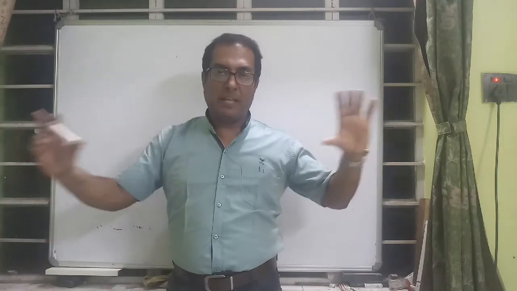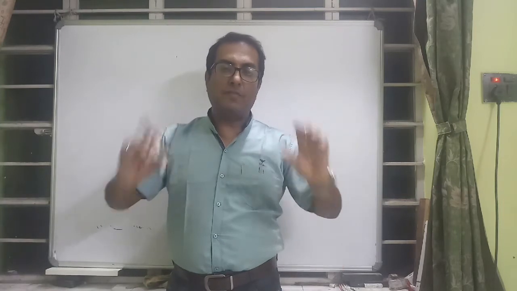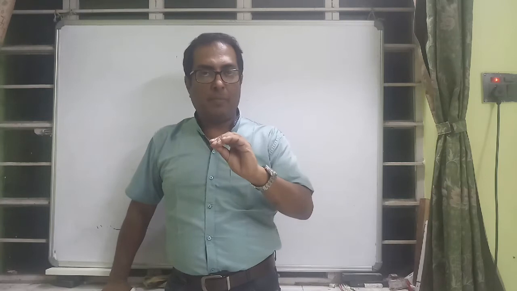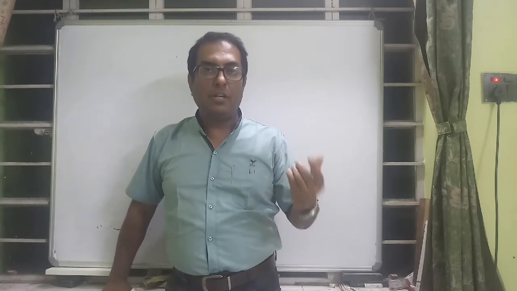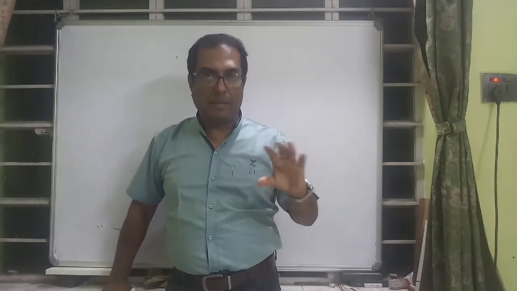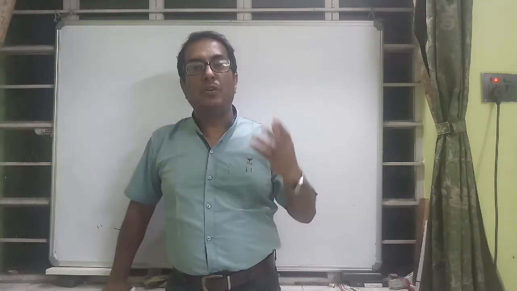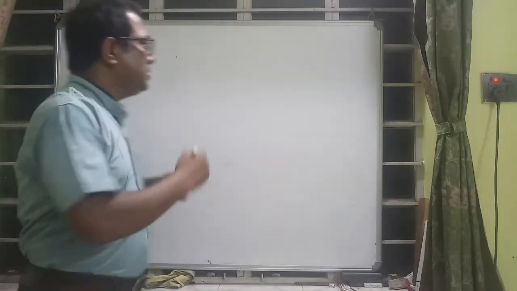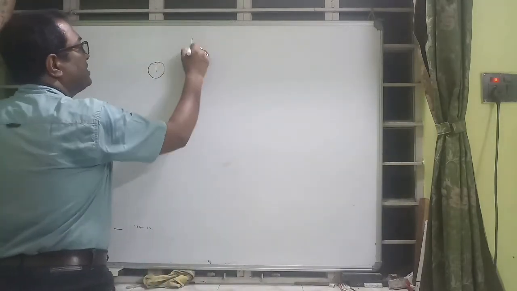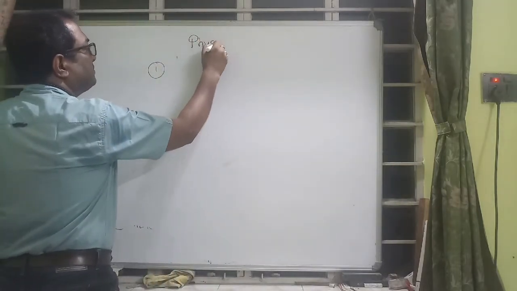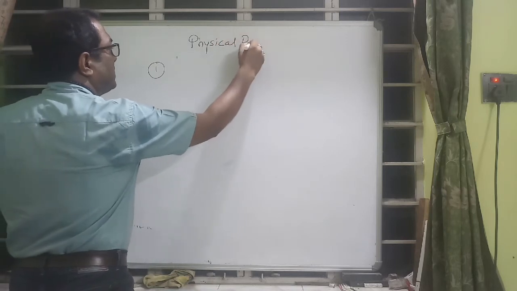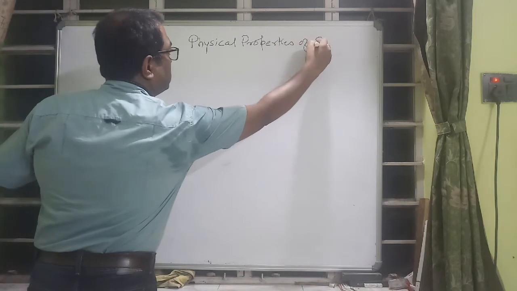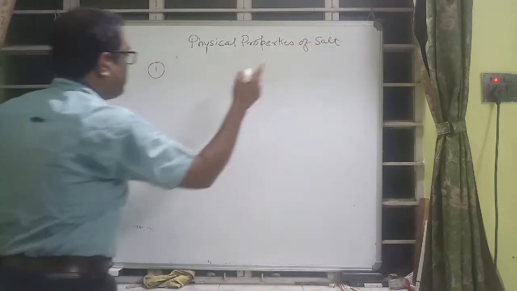Now let us make a small summary out of this point. An ionic compound, a salt, breaks up into ions only in the fused state, that means the molten state, as well as when added to water, that means the aqueous state. So, the physical properties of salt.